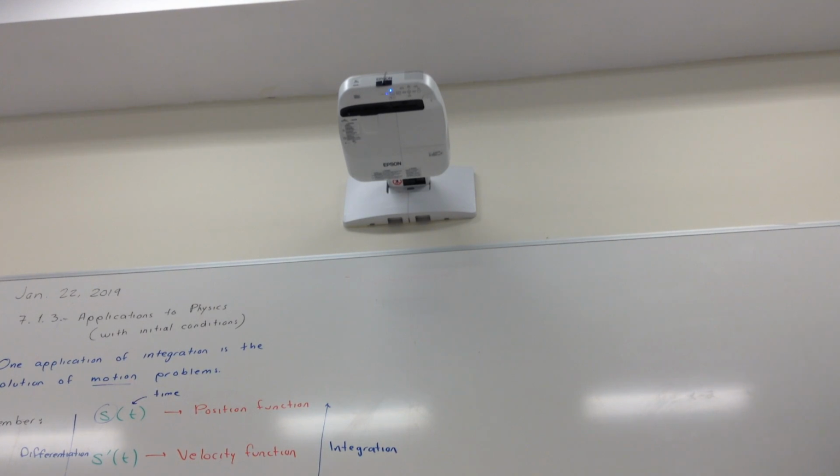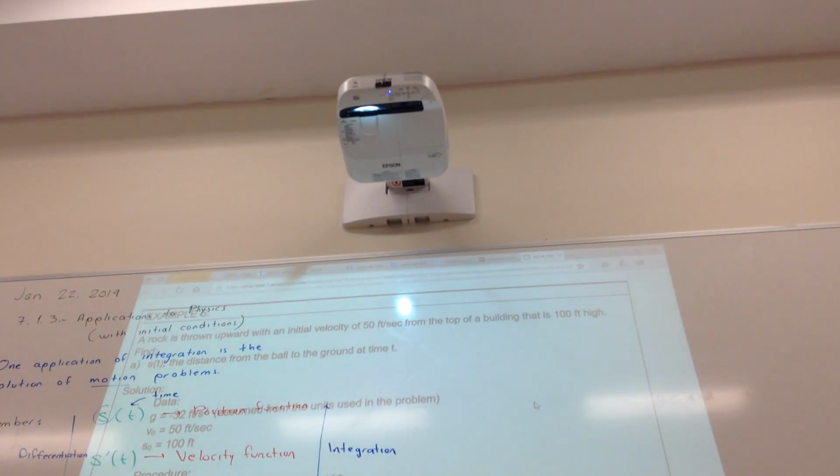We're going to do an example with everything. All kinds of questions that could be in the exam. The question says, a rock is thrown upward with an initial velocity of 50 feet per second from the top of a building that is 100 feet high.